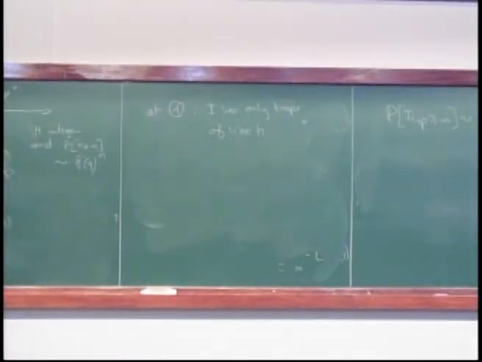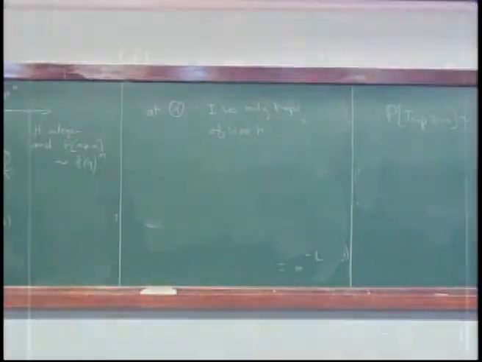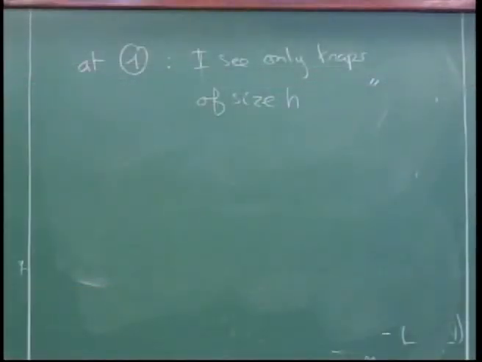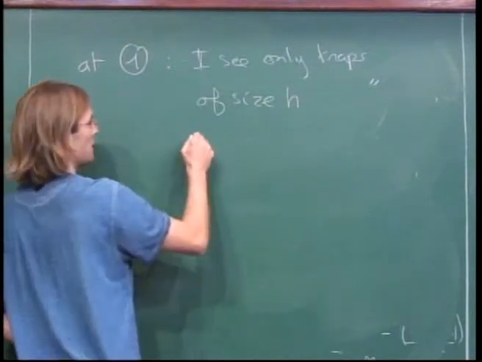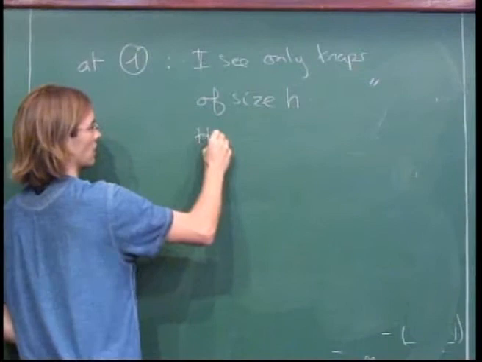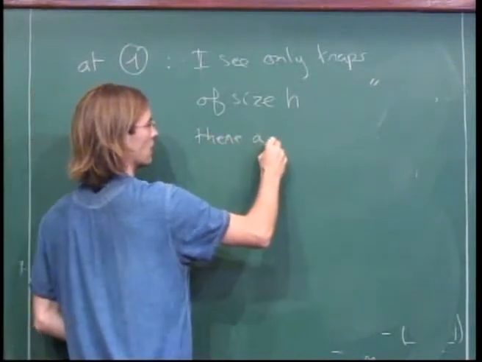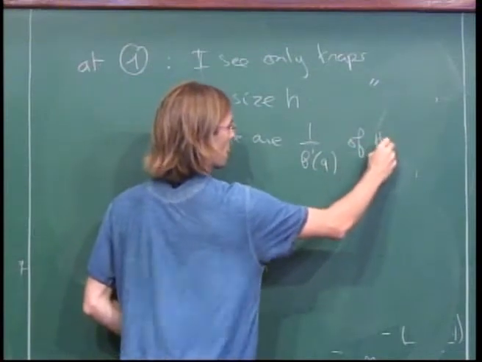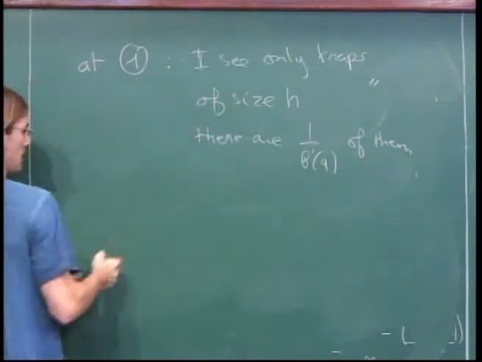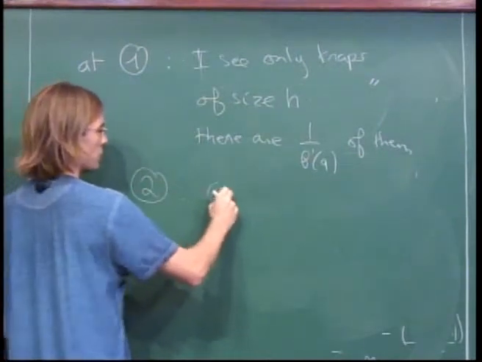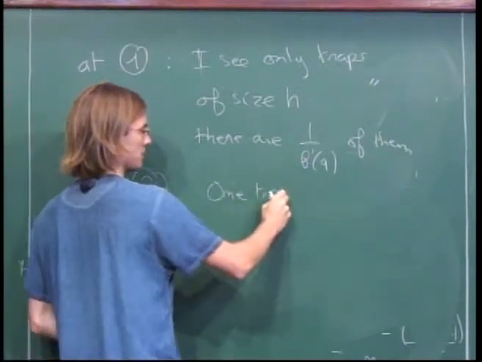So I start seeing them here, and here I only see 1, then I see 2, 3, 4. I start seeing more. At the end here, I've seen about 1 over f prime of q of them. And when I'm at point number 2, I have 1 trap of size h plus 1.